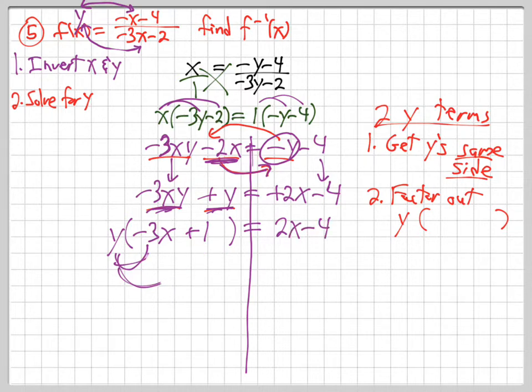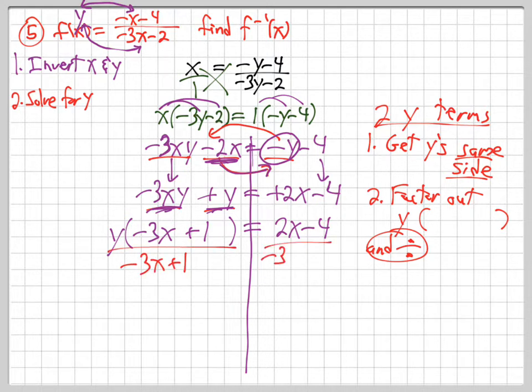Okay. So now, what are we going to do to finish solving for y here? Divide. So factor out y and divide. So divide by the minus 3x plus 1. Boom, there it is.